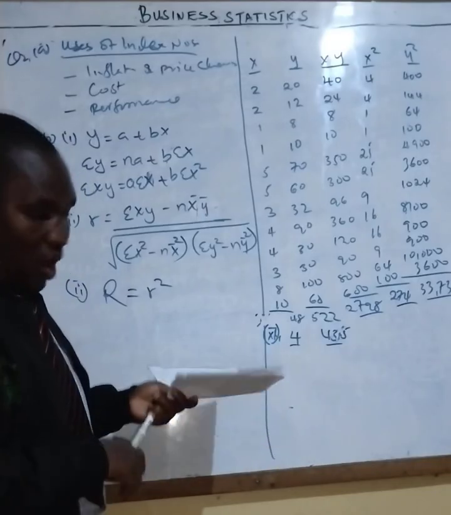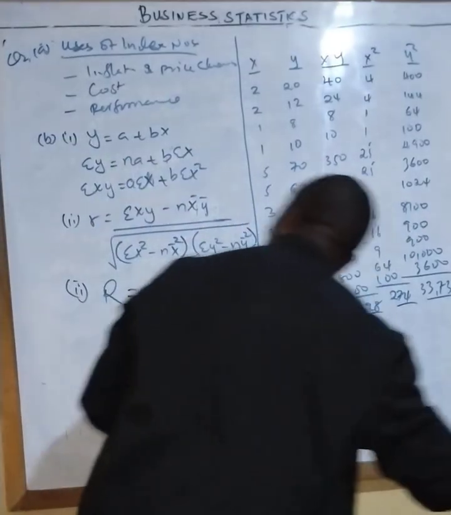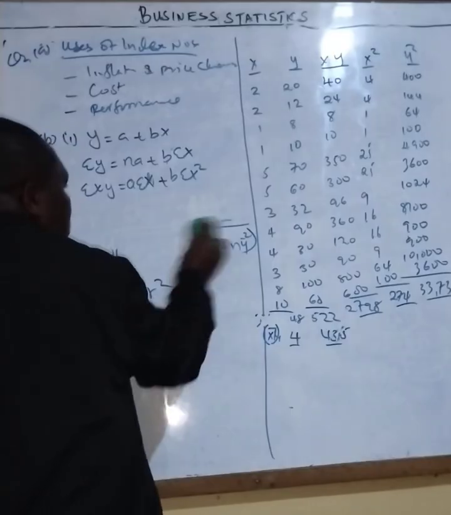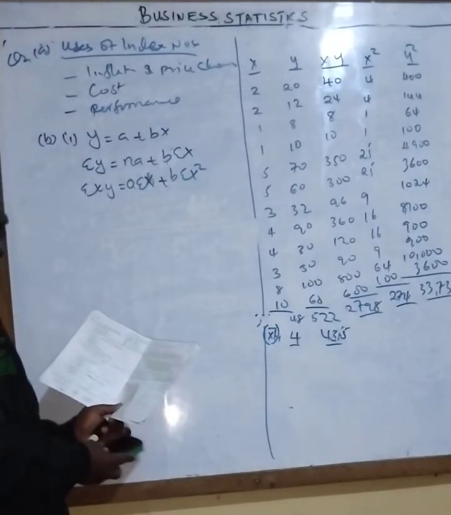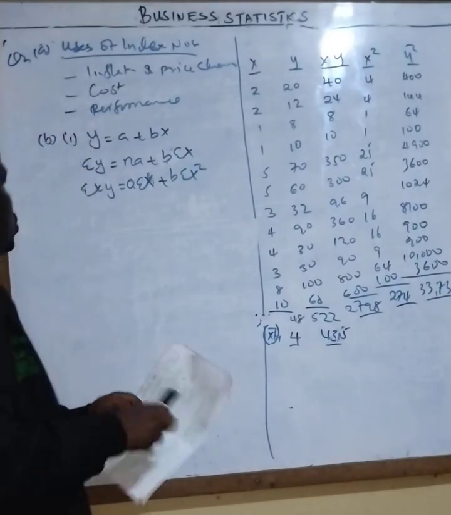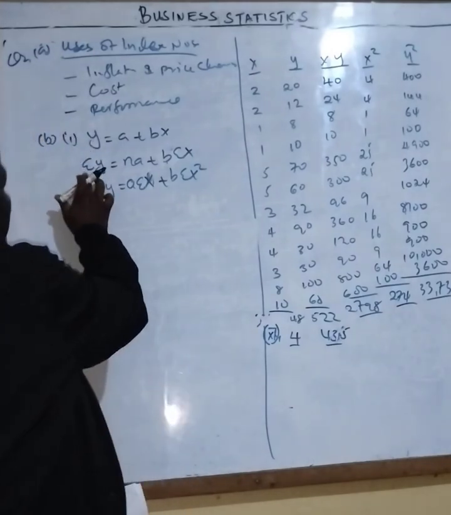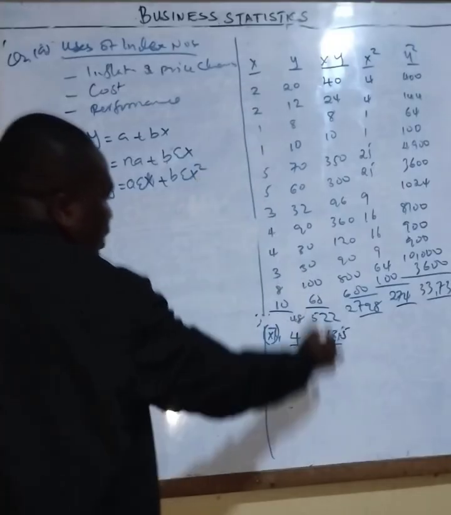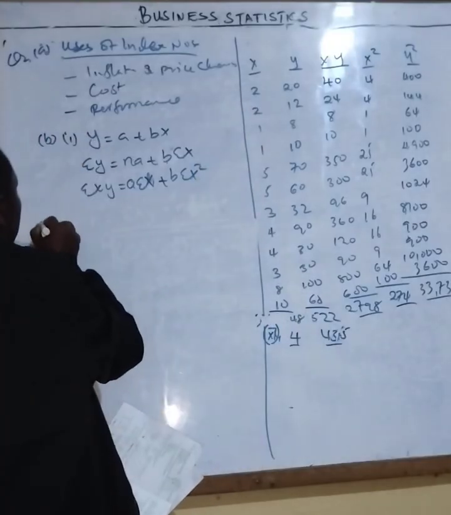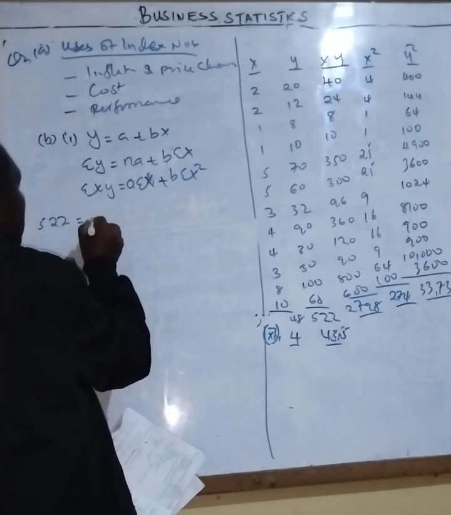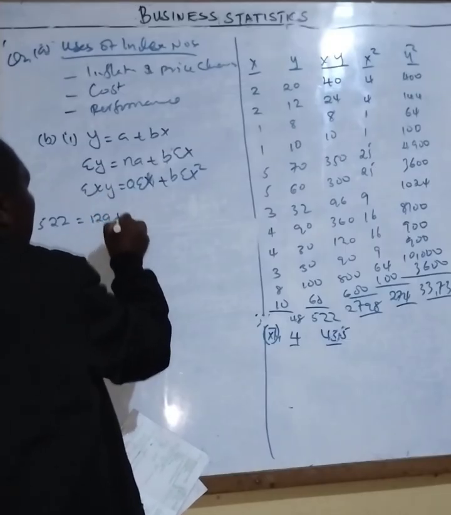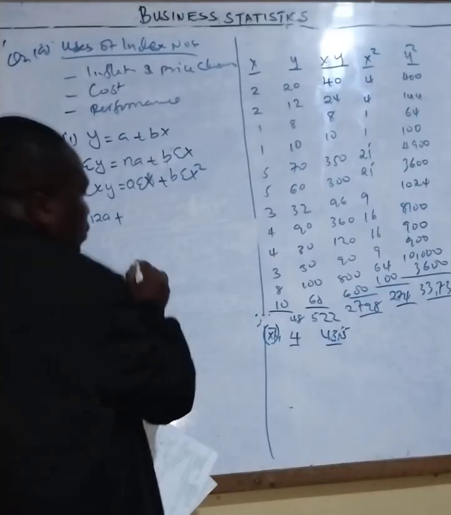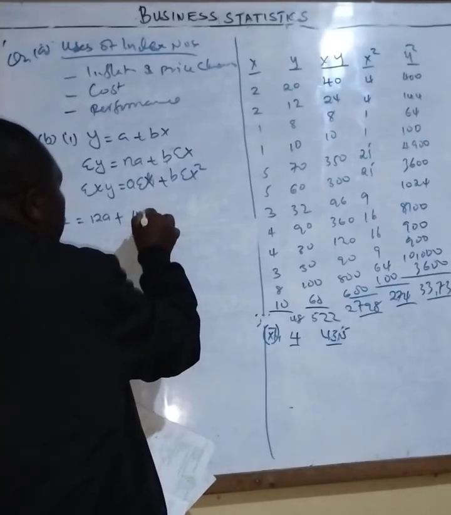Now let's work one by one. I want to work out the value of number 1, y equals a plus bx. So yours is just to substitute the summation of x and summation of y. You get 522 equals n, which is 12a, plus summation of x, that is 48b.